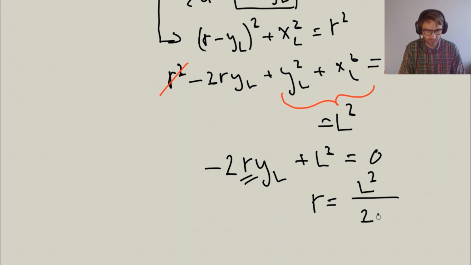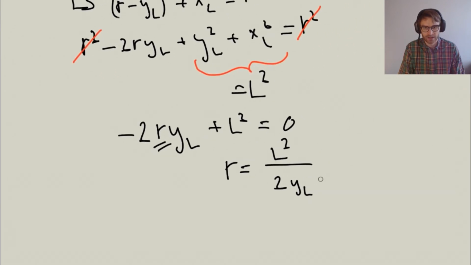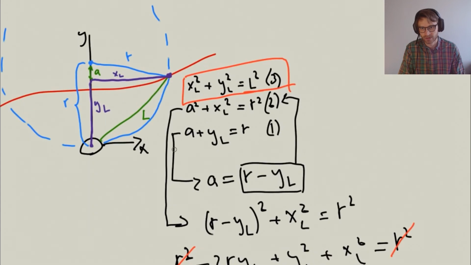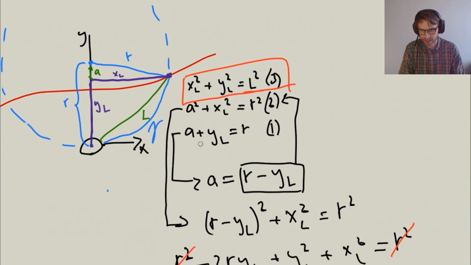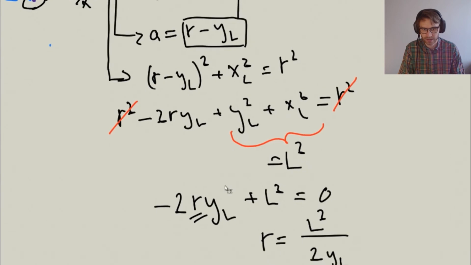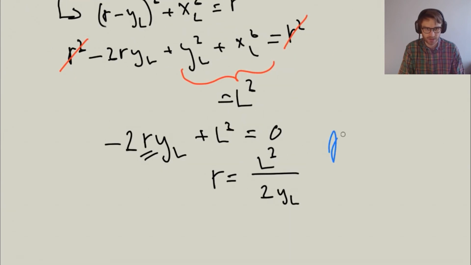And the curvature of this arc is gamma, and gamma is the inverse of the radius.